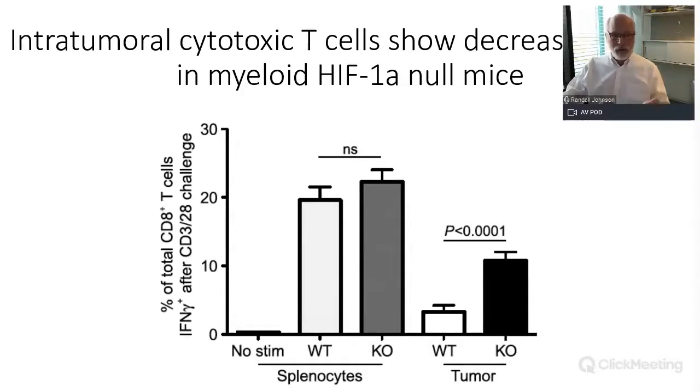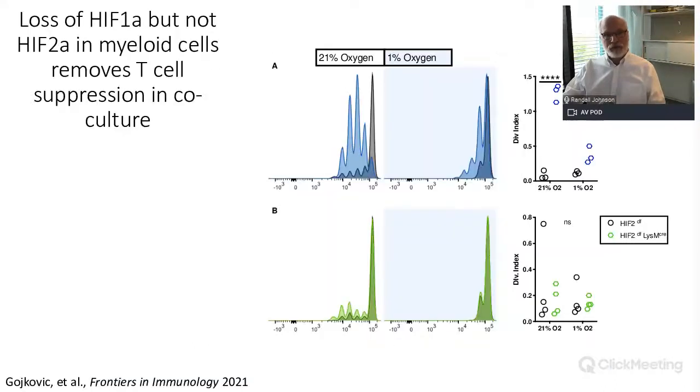The way we interpreted that is that in the tumor microenvironment there was a suppressive microenvironment caused by wild type macrophages, and the loss of HIF alleviated some degree of that myelosuppression, allowing a decreased level of anergy or exhaustion in the T cells that had infiltrated those tumors.